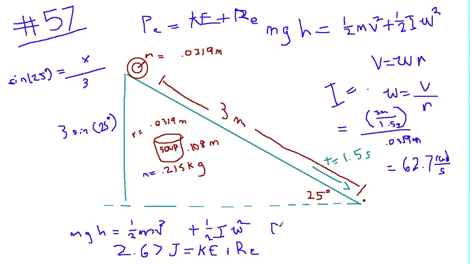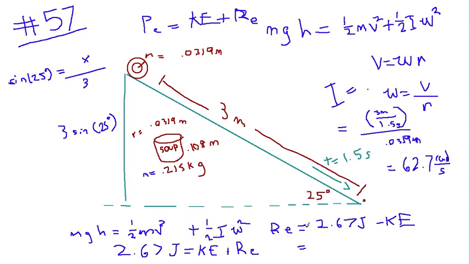That's going to be equal to the kinetic energy plus the rotational energy. So this rotational energy is going to be equal to 2.67 joules minus the kinetic energy, which is 1/2 mv squared. Plugging in, that's 0.5 times the mass, 0.215 kilograms, and for v, we can use 3 divided by 1.5 seconds, squared.